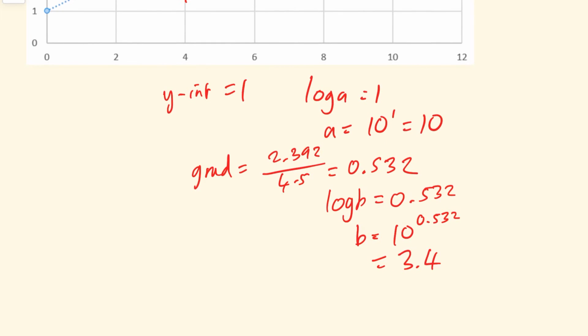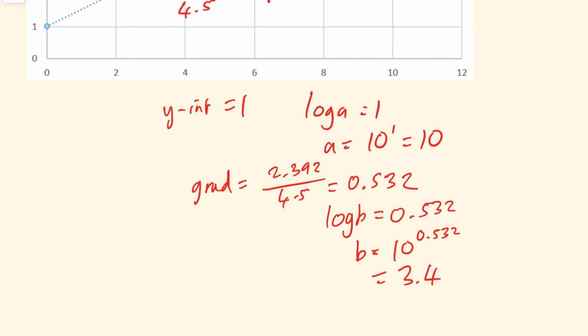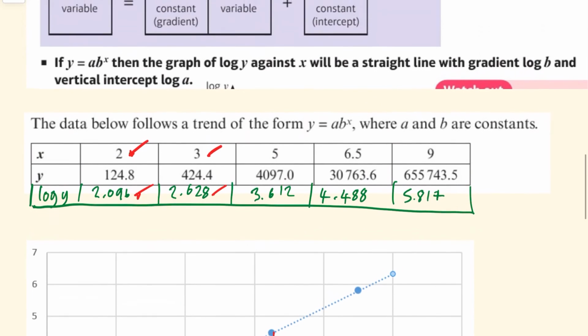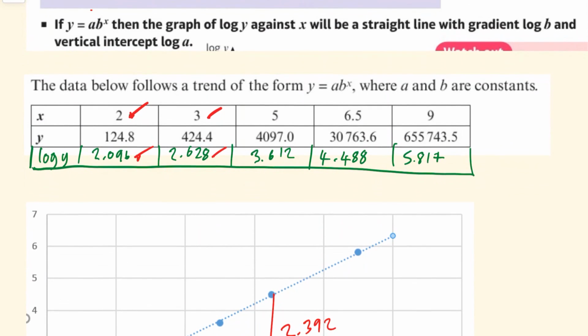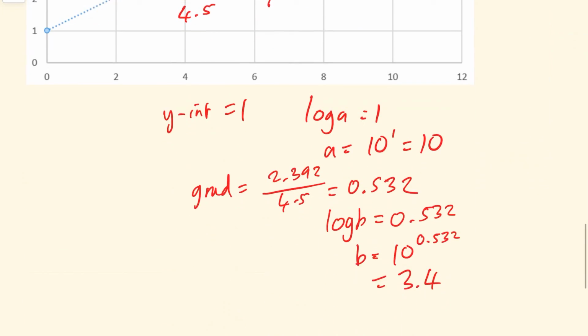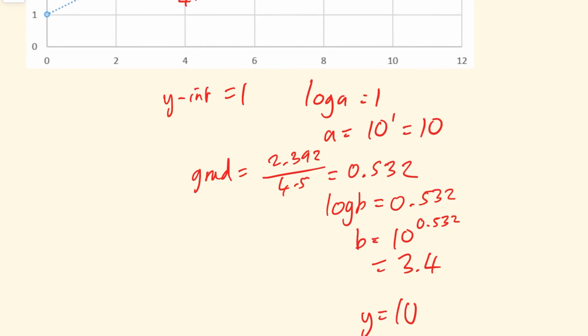So our relationship, as we now know what a and b are, we can write as y equals a multiplied by b to the power of x. And this is our equation that connects x and y together.